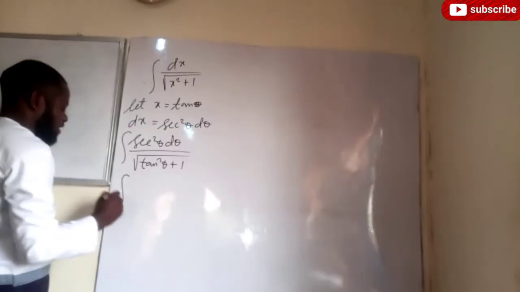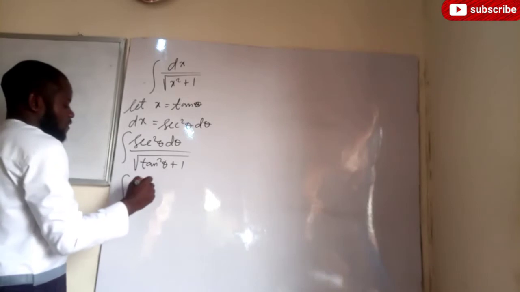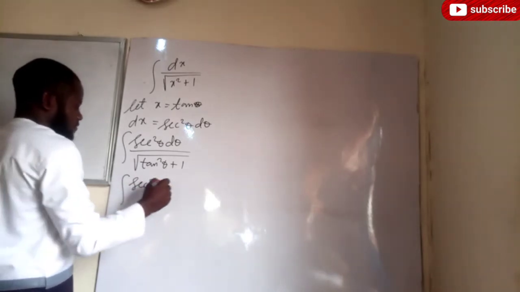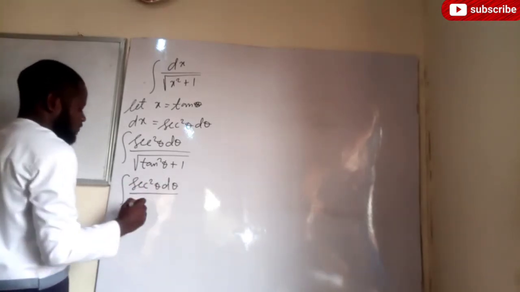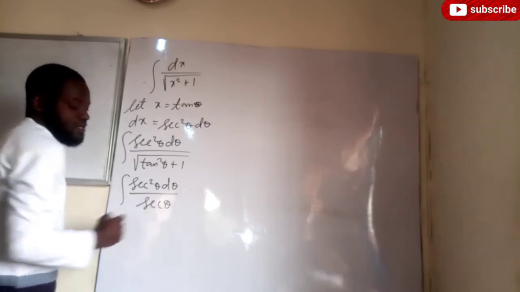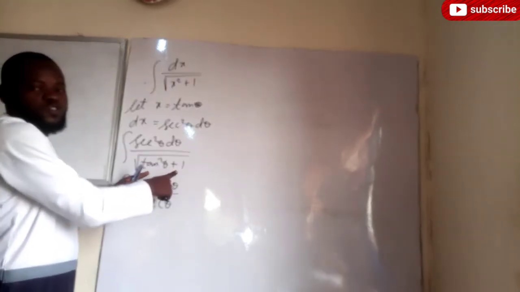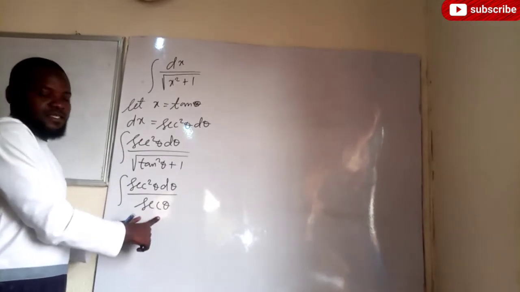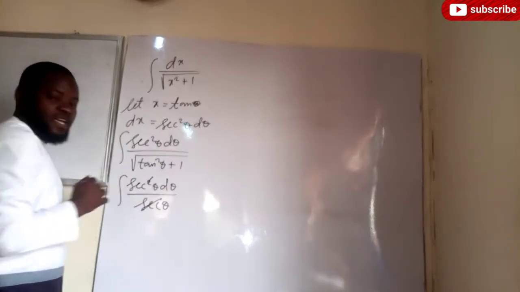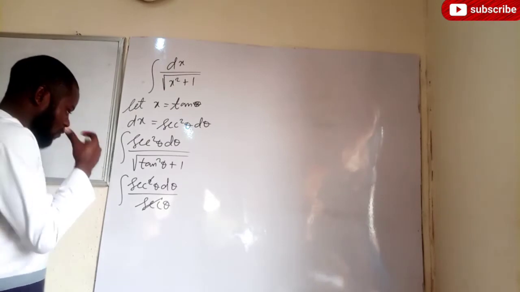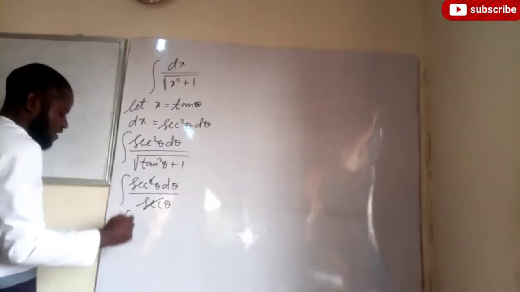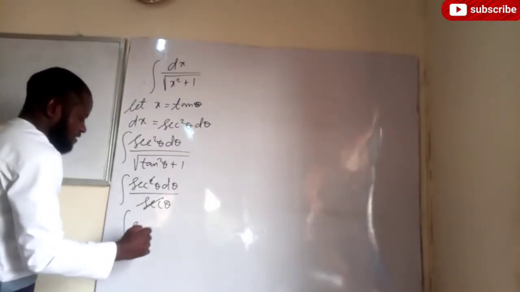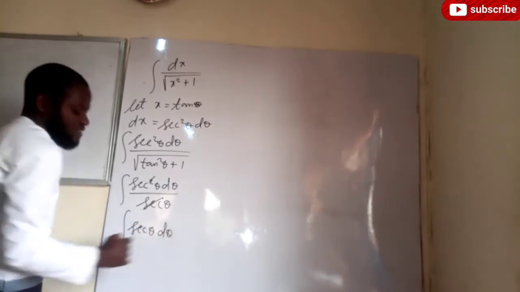So this becomes the integral of sec squared theta d theta all over sec theta, because the square root of sec squared theta is sec theta. So this will cancel, and we then have the integral of sec theta d theta.